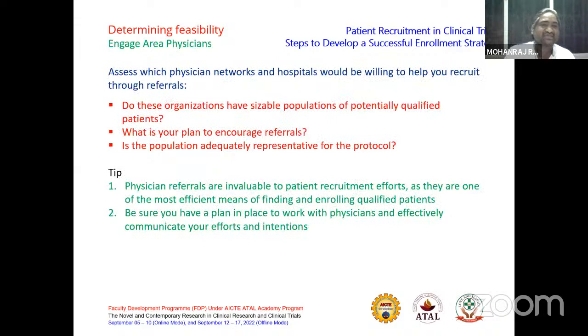And number two is that physicians are to be engaged for this EMR purpose. Why? Because they are considered the epicenter of patient recruitment. They have a very good bridge with the patients, and there will be immense support for us to enroll qualified patients. So engaging the area physicians also enhances the feasibility of performing the particular study.